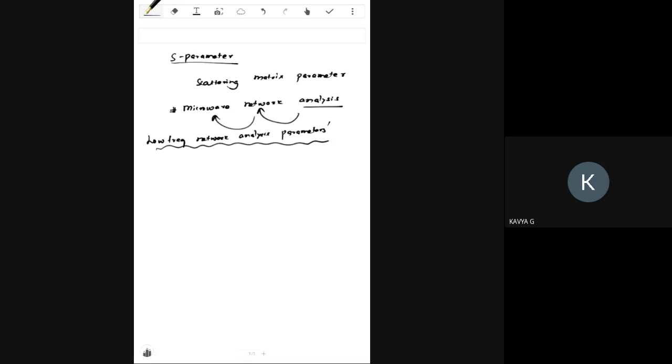Low frequency means the operating signal frequency is low. In that case, we have used the Z parameter, and Y parameter, and there is the H parameter, and the ABCD parameter.